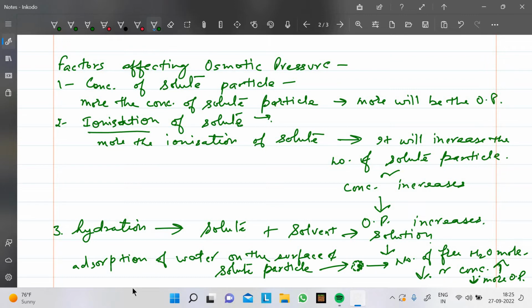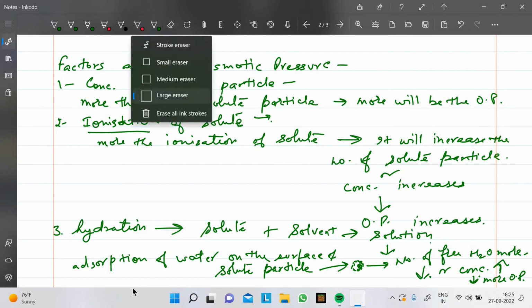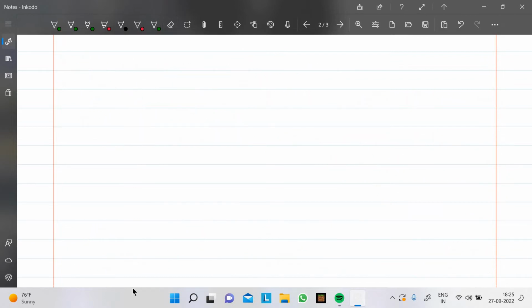And last is temperature. How will it affect the osmotic pressure?